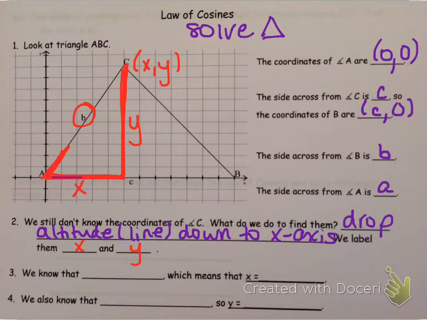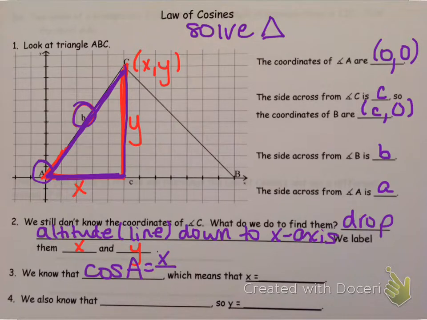So let's say I was trying to solve for this x-coordinate right now. I would use the angle from my original triangle and this side, which is the hypotenuse of this little right triangle here. And I know that the cosine of angle A would be this adjacent side, the x side that I'm looking for, over this side right here, which is the hypotenuse for that little inner right triangle, which is B. And that means I could rearrange it to solve it.